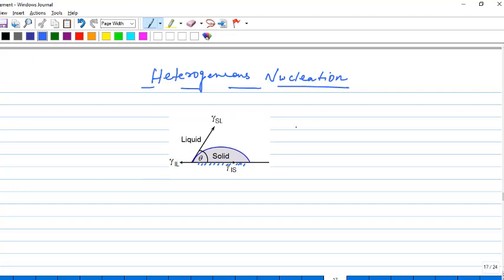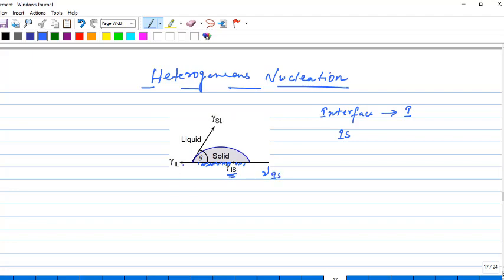So we are calling that surface on which the nucleus is forming as interface, indicated by I. This is the solid interface on which the solid nucleus is forming, and this is the corresponding interfacial energy, gamma IS.